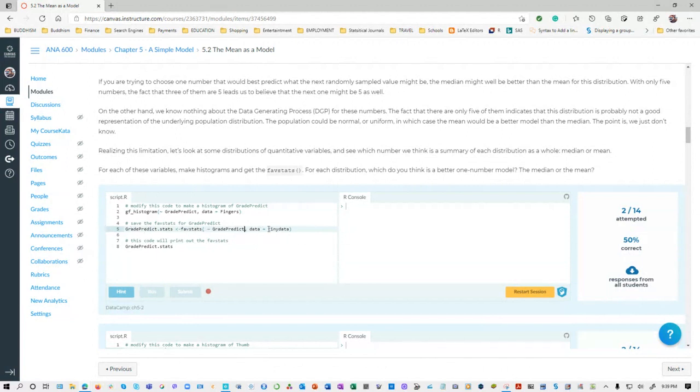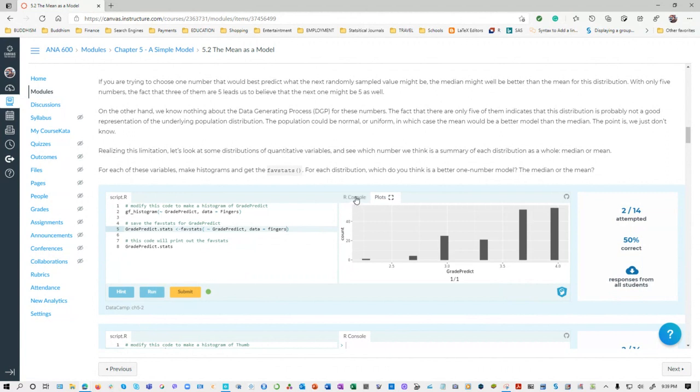Data fingers, it's coming from the fingers data, and then you can recall that on grade predict stats. See, that's the histogram.